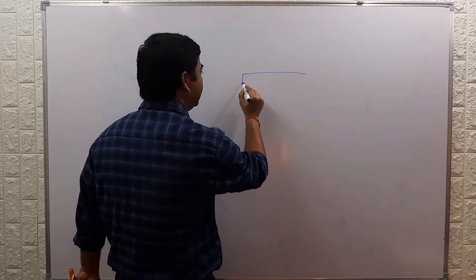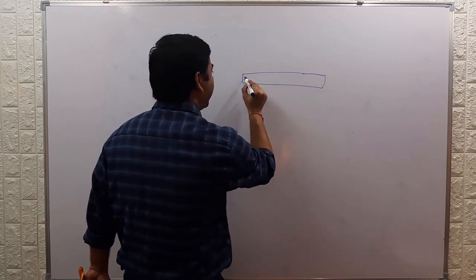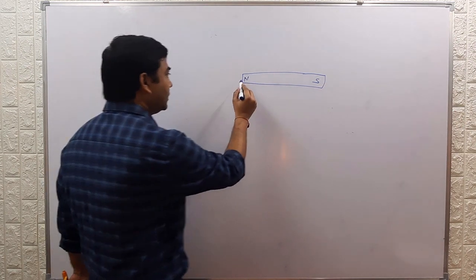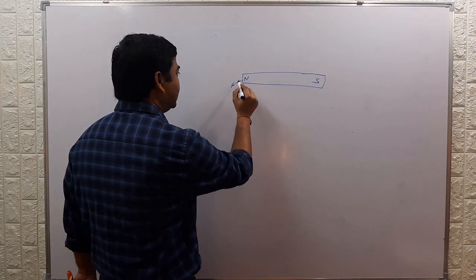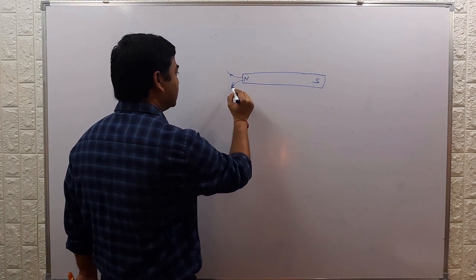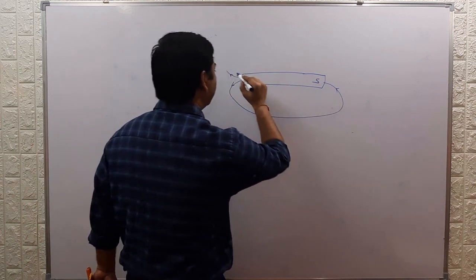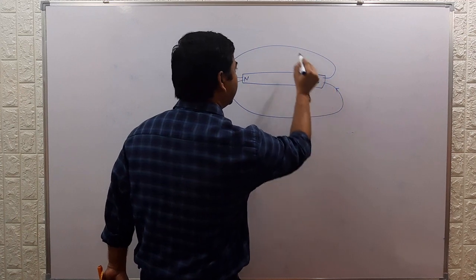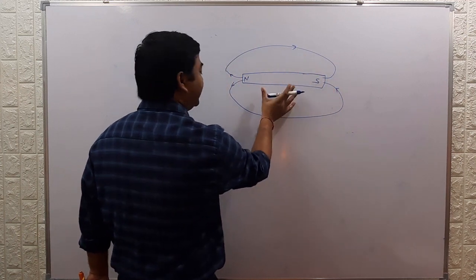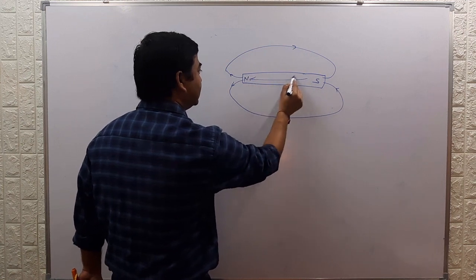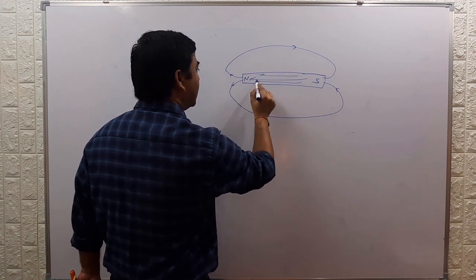So for magnetic field, just imagine a bar magnet. This is north pole and this is south. Magnetic field will be like this. It will start from north pole and end with south pole, and inside, the magnetic field will be opposite to the outside field.